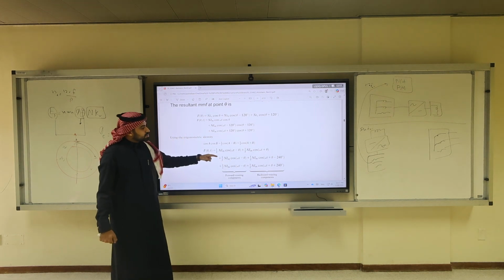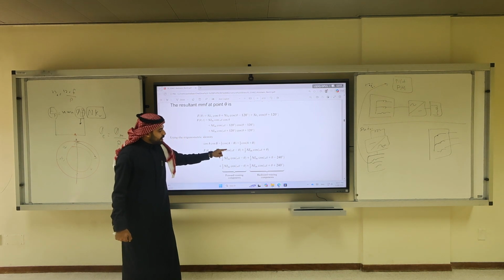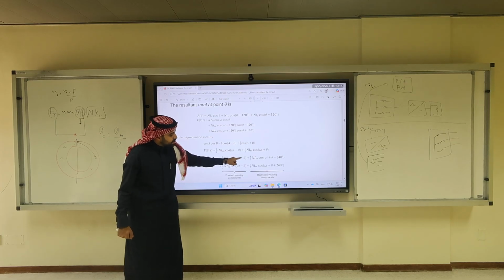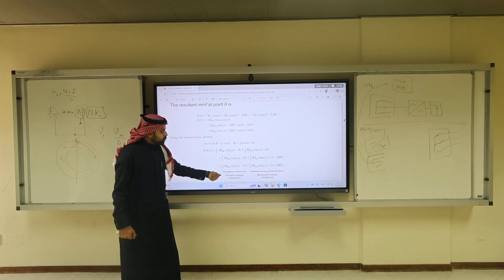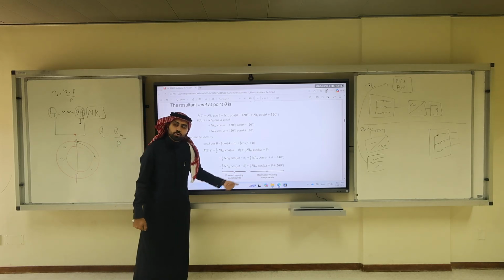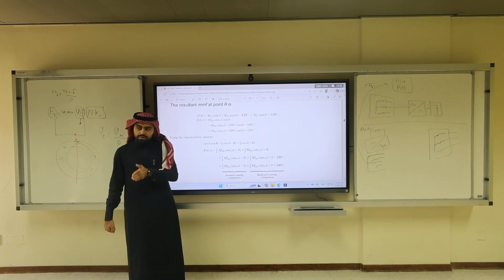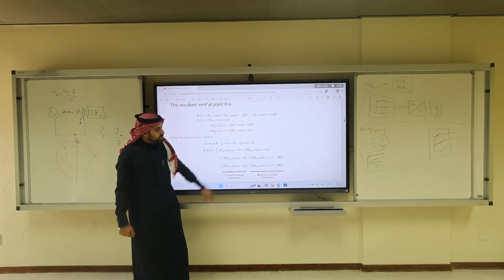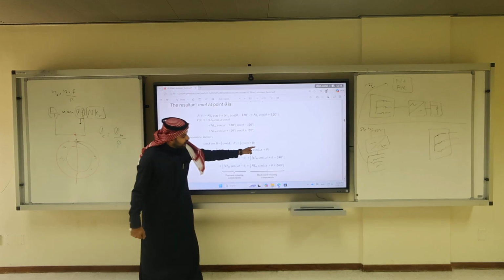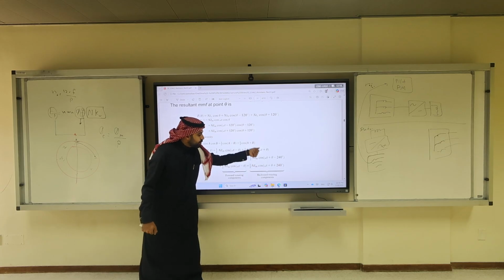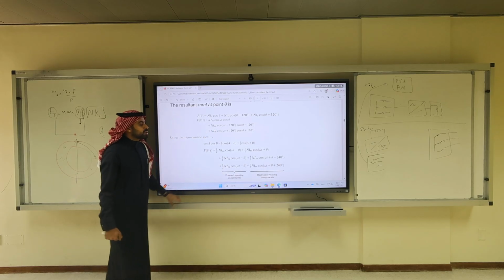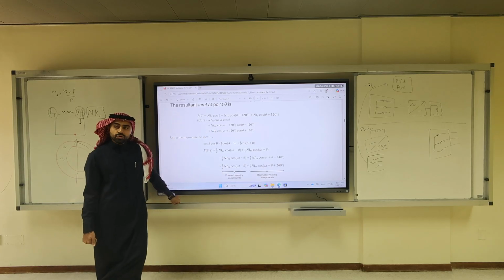The terms that have omega t minus theta are the same, and we call them the forward rotating components. They do not cancel each other. While the other 3 terms, the backward rotating components, if you add them, you're going to end up with 0.